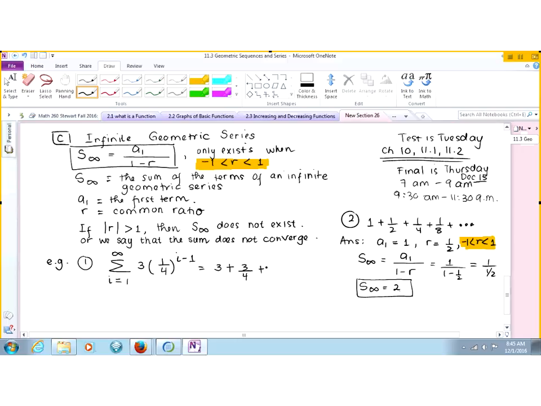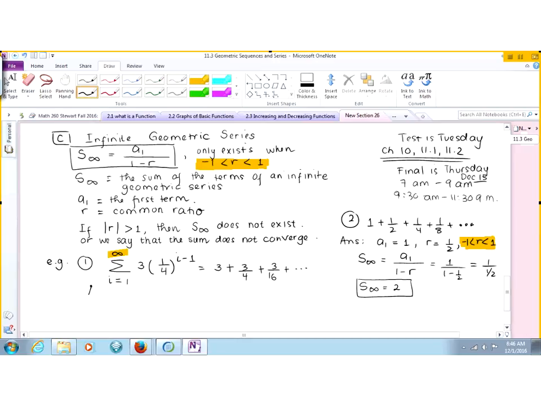When i equals 3, what do I have? 3 over 16 plus dot dot dot, because it goes from 1 through infinity. All right. Yay or nay? Yay, okay.